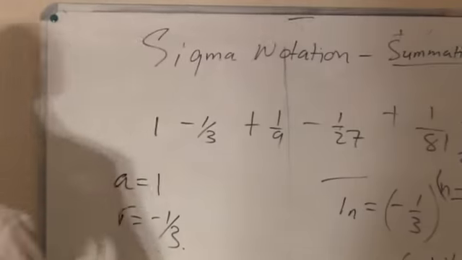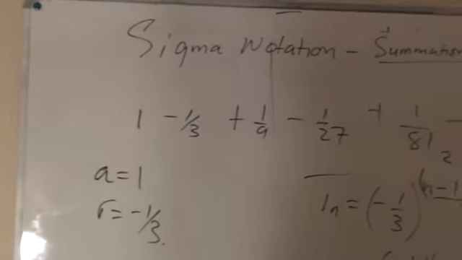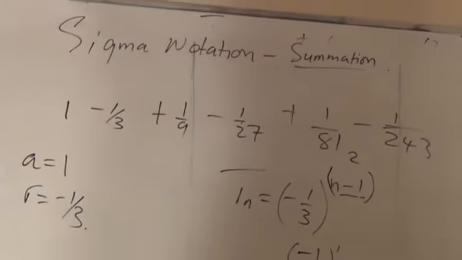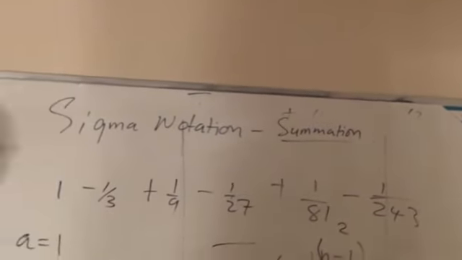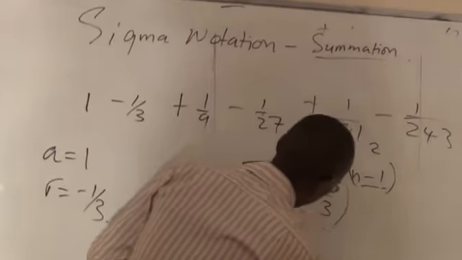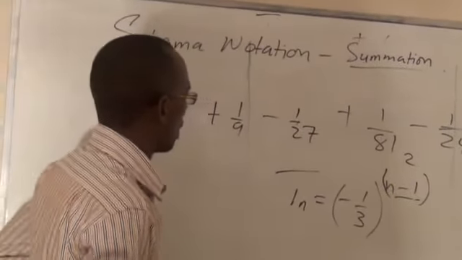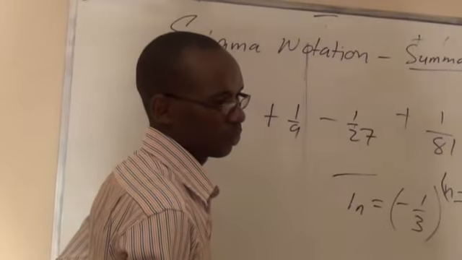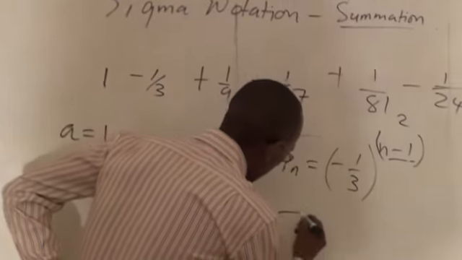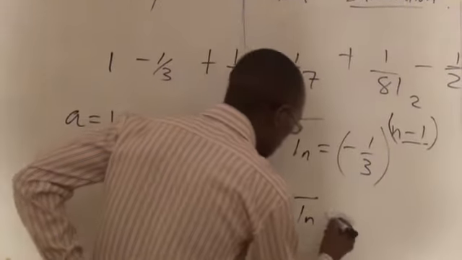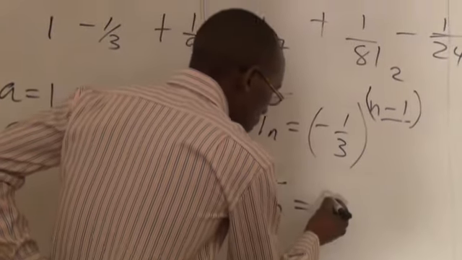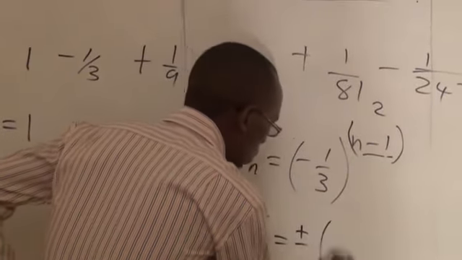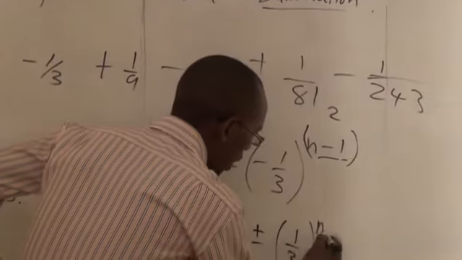But anyway, we can rewrite everything if we feel like. We can write our nth term, Tn, is equal to plus or minus 1 over 3 to the power n minus 1.